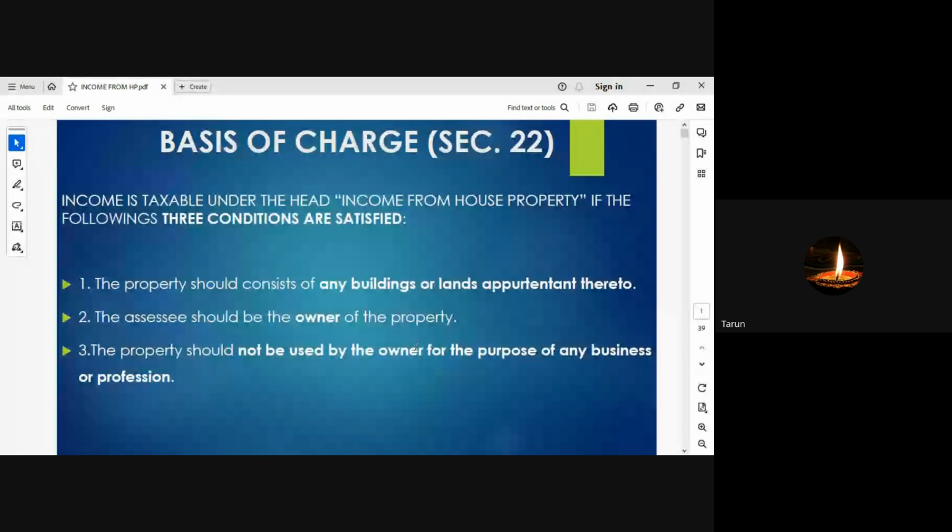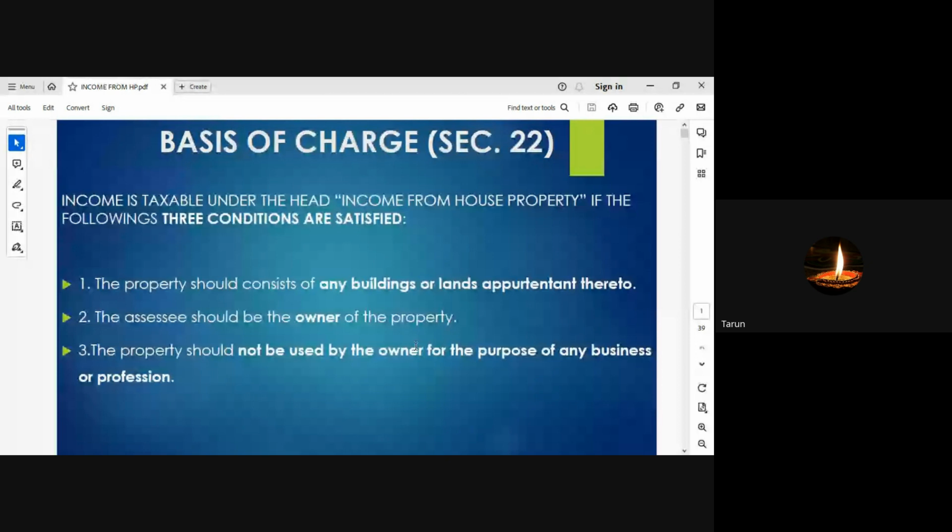If income arises from such property, it becomes taxable, and an individual has to pay tax on such income earned from house property.